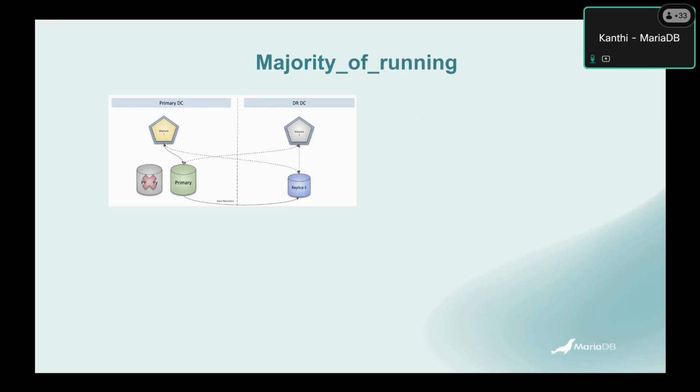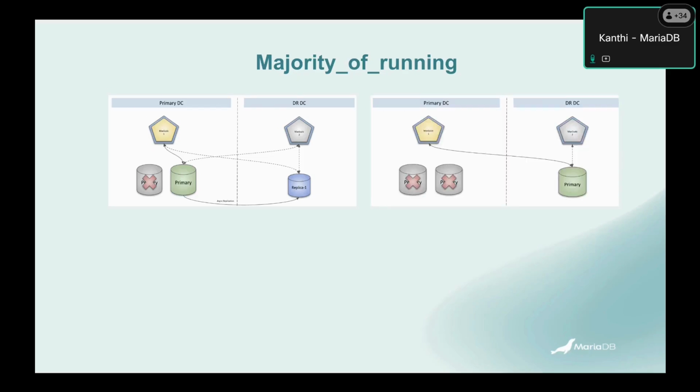So what it does, it uses its intelligence. The primary is down, so it promotes one of the other replicas, which is available in the primary DC itself, as a primary. It has the authority to promote one of the replicas because it is holding enough logs, right? The same situation applies if both your nodes in the DC go down.